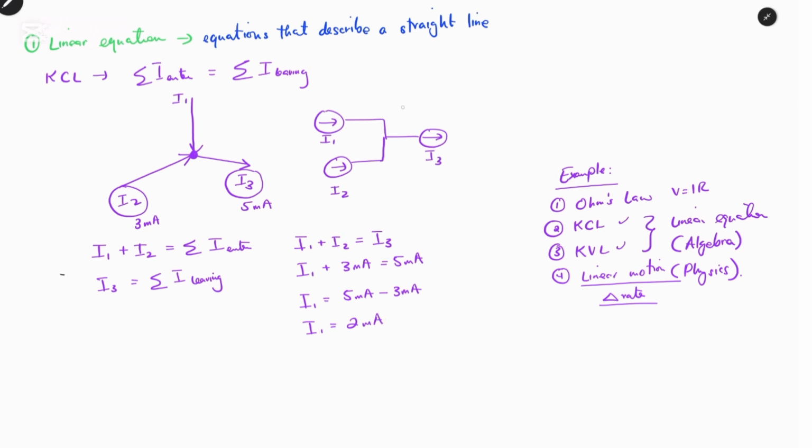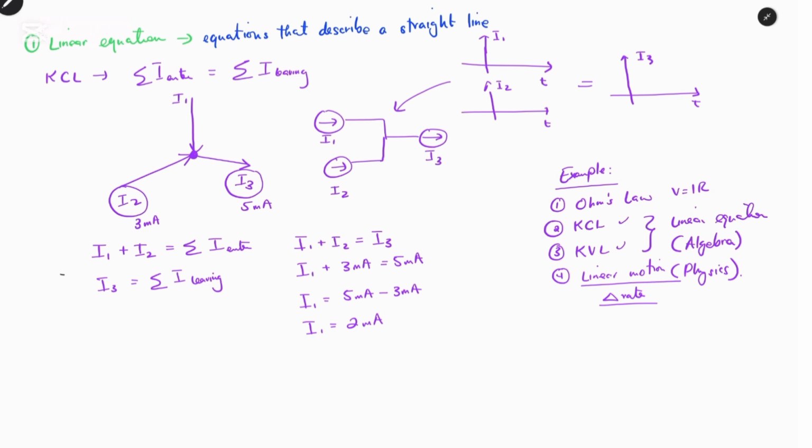If we are to analyze this using a graph, we can have current against time, and the time represents the rate of change.